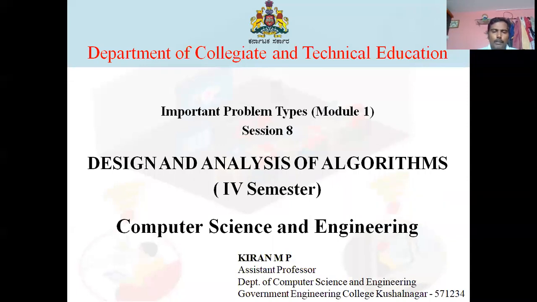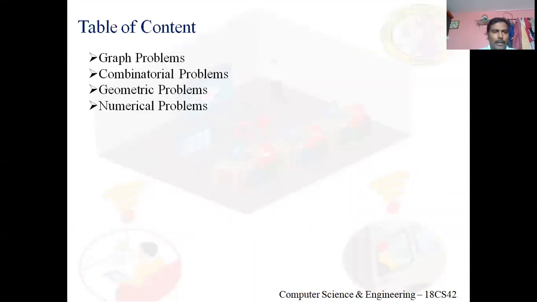Now coming to the agenda of this session. First, we'll have a look at graph problems. Before that, I think you're familiar with graph theory. Clear? If not, go through your graph theory again and have a refresher course on that. Review your graph theory.